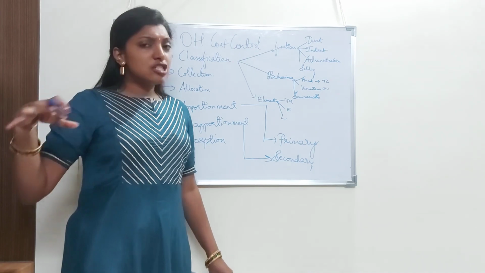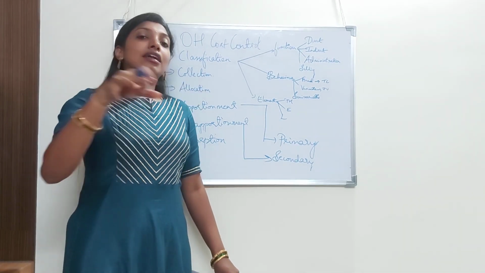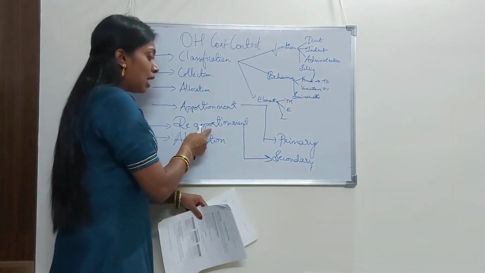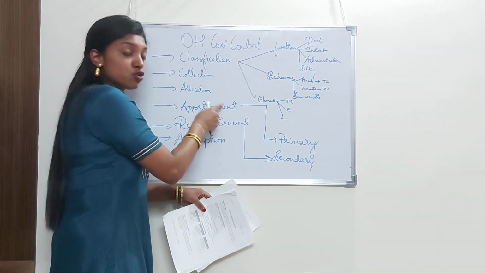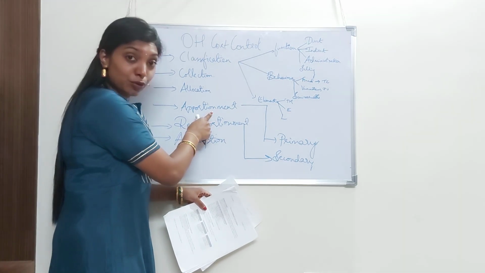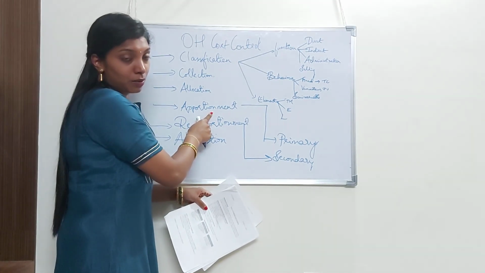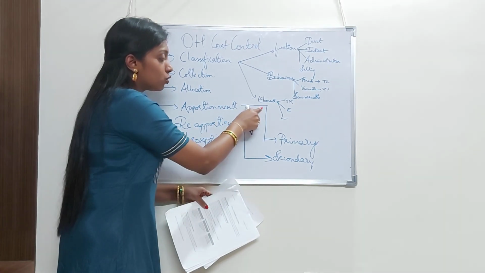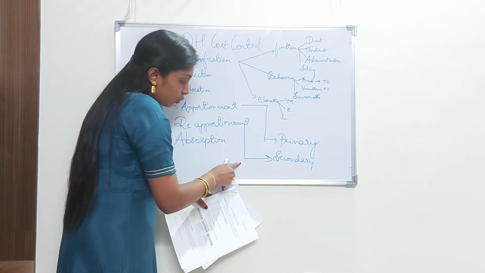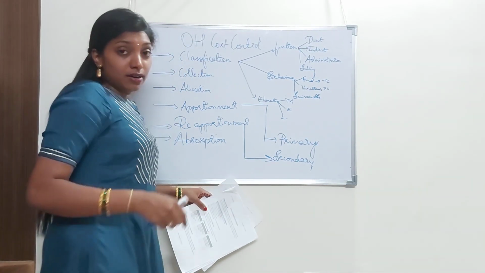We are going to distribute the common expense to different departments on a proportional basis. That is the reason it is called apportionment. So a portion of expenses is going to be distributed to various departments. So apportionment will be done under primary distribution. Reapportionment will be done under secondary distribution.